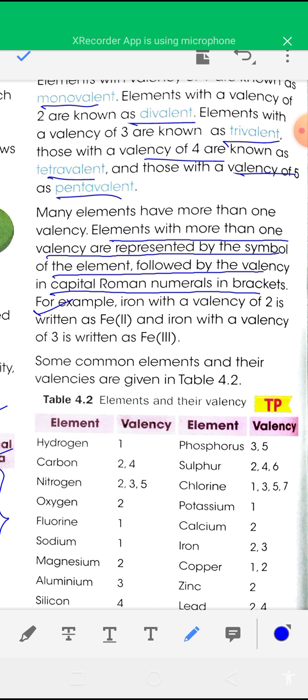For example, iron has two valencies, valency 2 and valency 3. So iron with valency 2 can be represented as Fe within brackets, Roman 2. So it is ferrous. And iron with valency 3 can be represented as Fe within brackets, Roman 3.